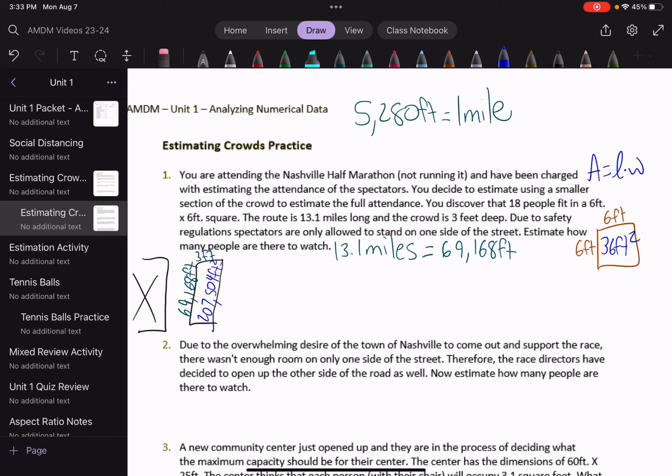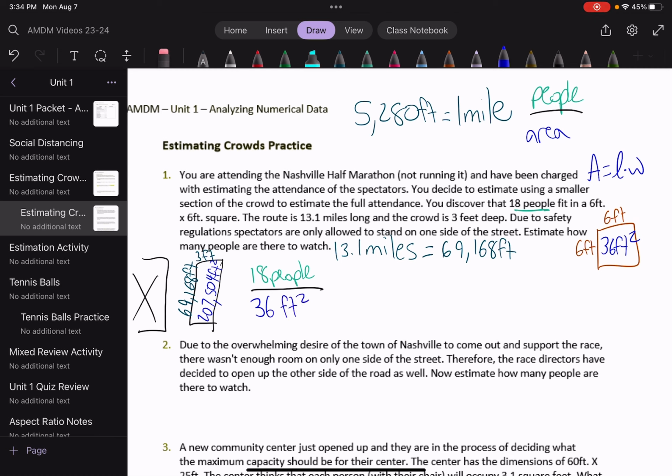So now we're going to compare the amount of people per the area. So our ratio is going to look like this: people over area. Well, we were given that 18 people fit in an area of 36 feet squared.